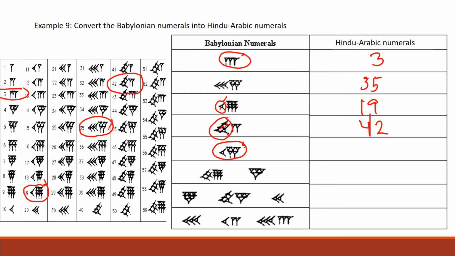That's some method to the madness. This one is in the teens because it has 1 of the sideways. So we know it's in the teens, and then it has a tower of 5. So 1 with a tower of 5 would be 15. And if you grew up in Babylon, you'd have these memorized.